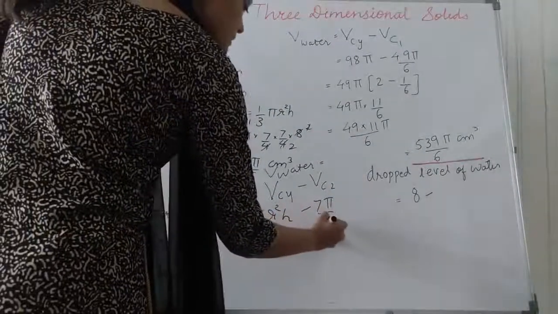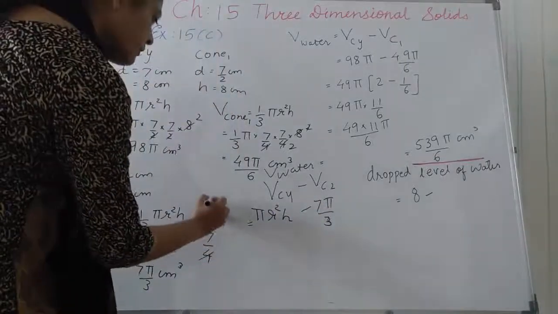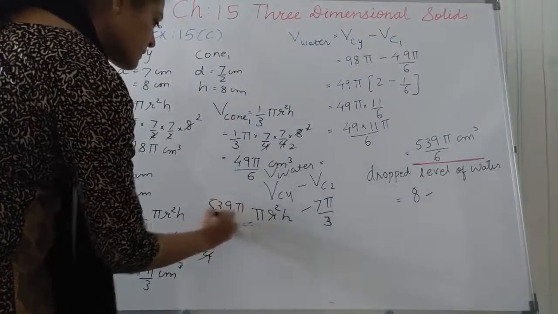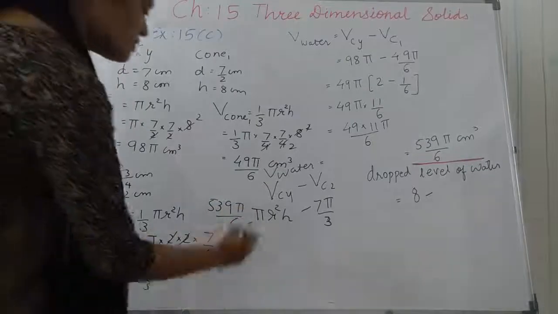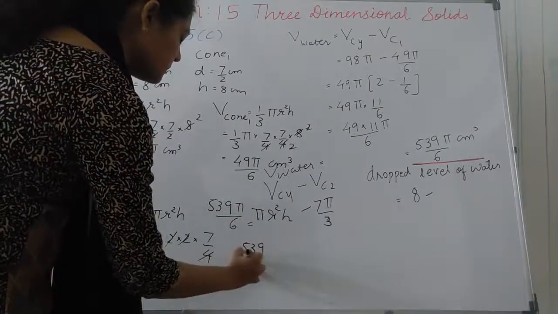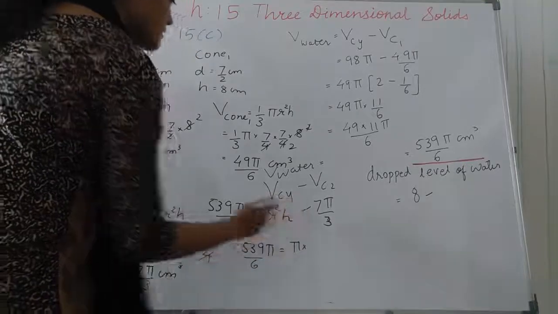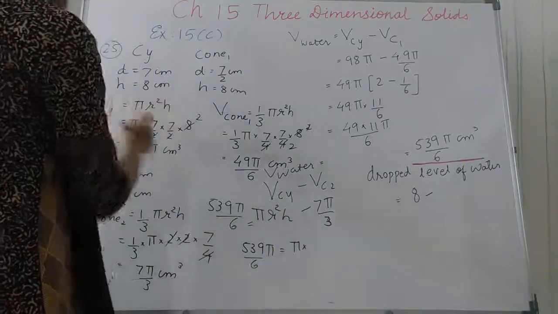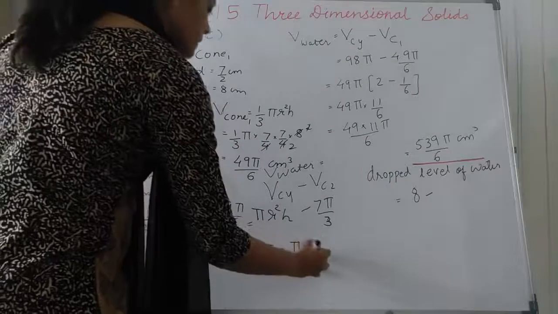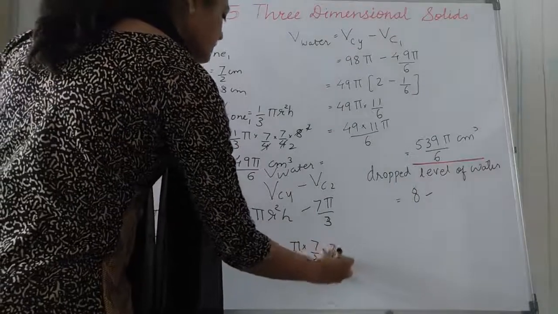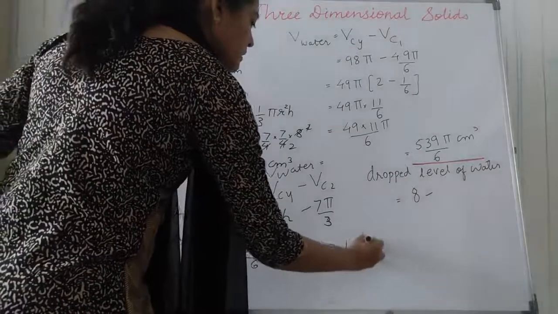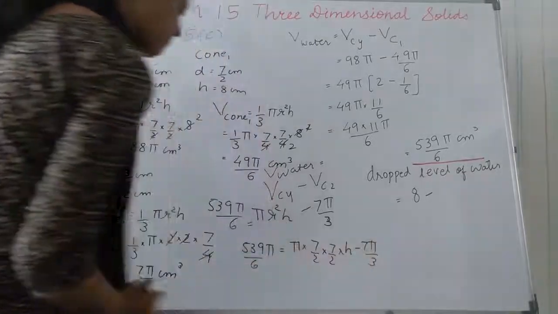So I place it equal to 539 pi by 6. Here pi value as it is. R square value, cylinder radius is 7 by 2, 7 by 2. H we don't know. And this is 7 pi by 3.